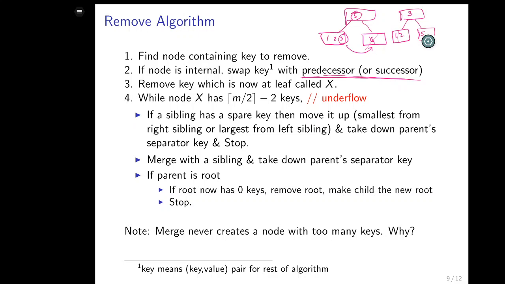You conglomerate. You have fewer than m over 2. Your sibling has fewer than m over 2. You put yourselves together and create a new node. That new node has no more than m. And you tell the parent, hey, you don't need to use a splitter anymore because we're now joined at the hip. There are no two siblings. So there are two steps: try to steal and then merge. That's what this code says.